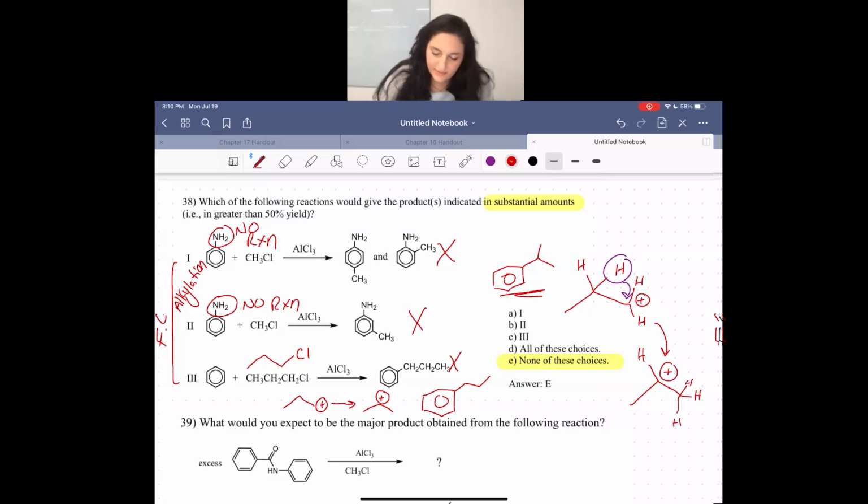So that's a hydride shift. Good question. And it went from primary to secondary. Make sense so far?